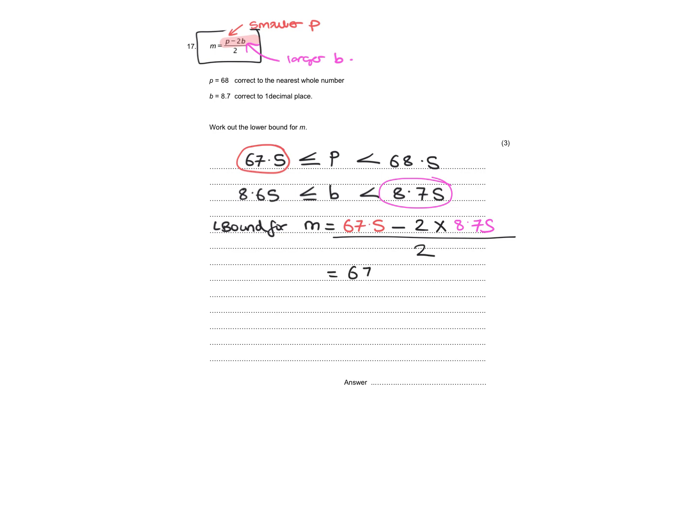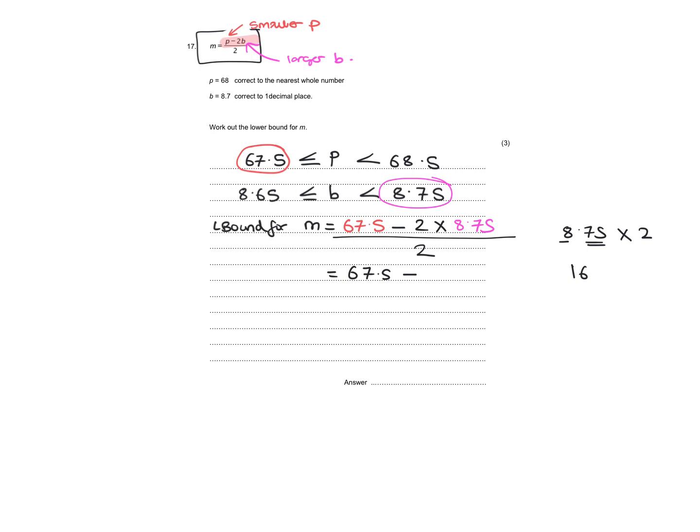So that is 67.5 minus, now 8.75, if I want to double that, let's have a think about that. If I multiply my 8 by 2, that of course is going to give me 16, and then if I multiply 0.75 by 2, that's 3/4 multiplied by 2 to get me 1.5.